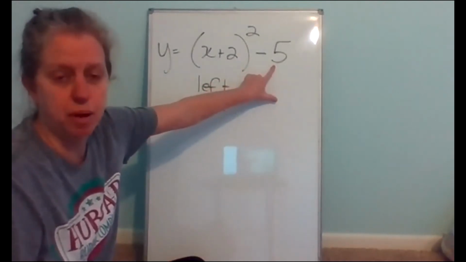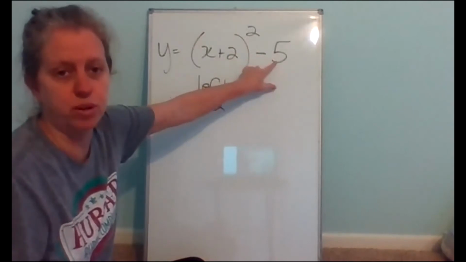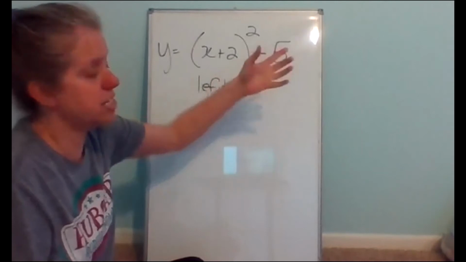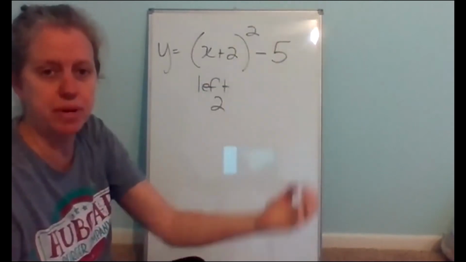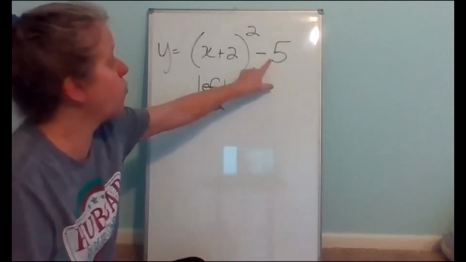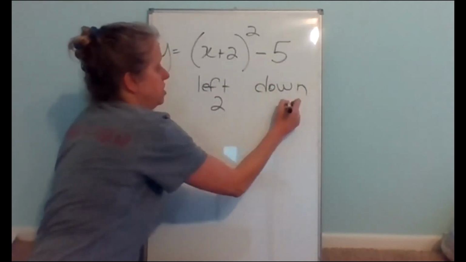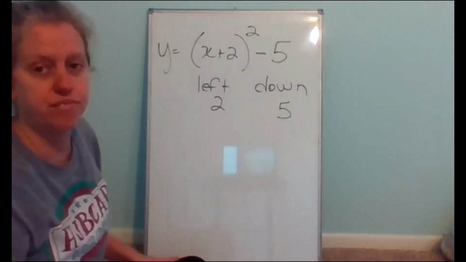This is an outside number, one that's not inside the parentheses, but outside of it. This vertically shifts your graph up and down, and you go with the sign. So a -5 would actually shift this graph down 5.